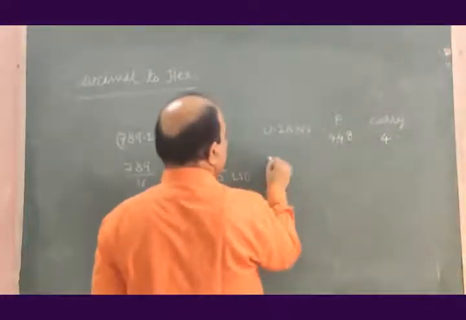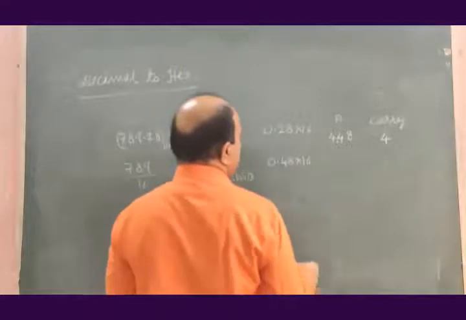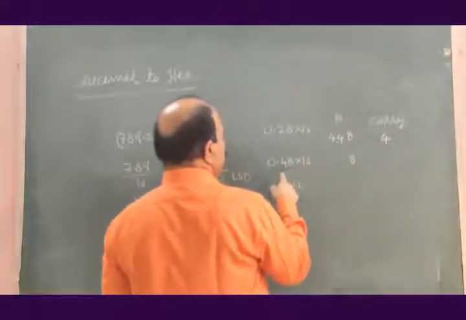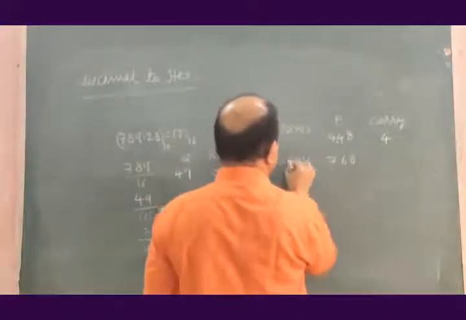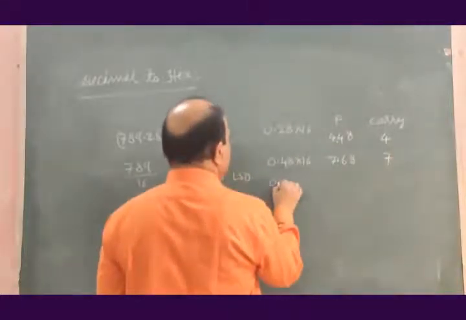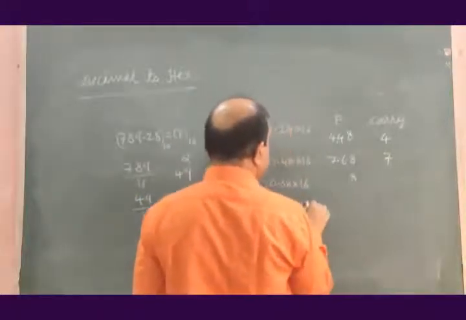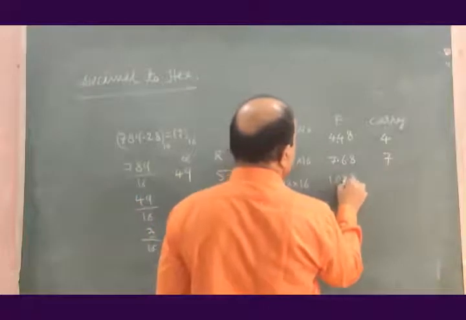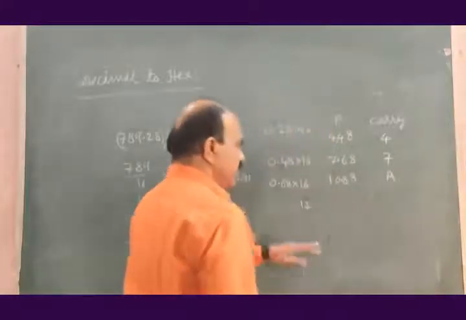Then 0.48 multiply by 16. Again 128, 8 carry 12, 16 4s are 64, 66, 76, carry 7. 0.68 multiply by 16, again 128 carry 12, 16 6s are 96, 98, 108. Carry A.